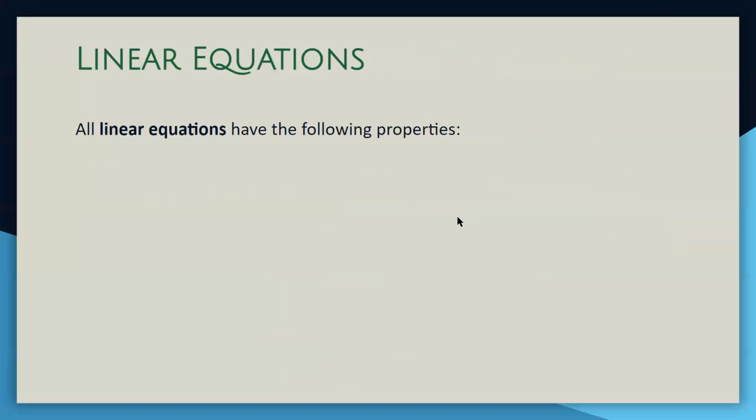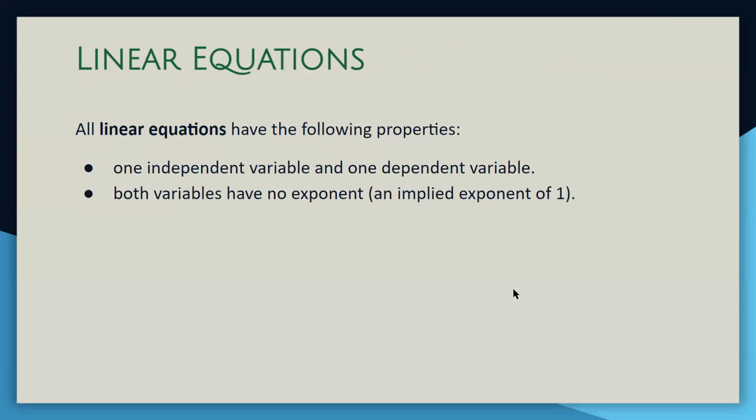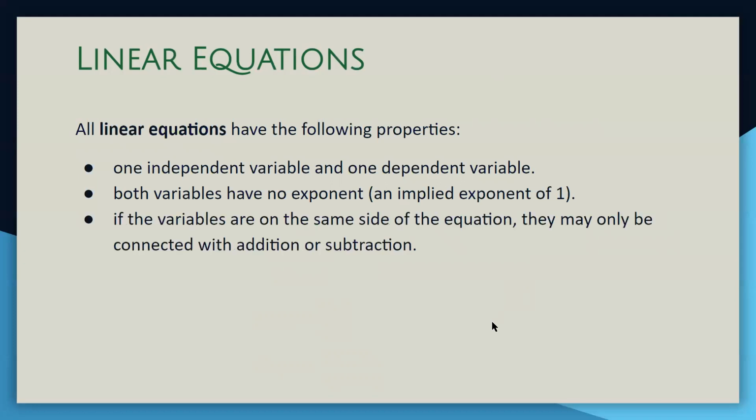All linear equations should have a few things in common. One independent variable and one dependent variable. Both variables have no exponent, or they have an implied exponent of 1. So no squares, no cubes, no square roots. The variables are on the same side of the equation. They may only be connected with addition or subtraction.